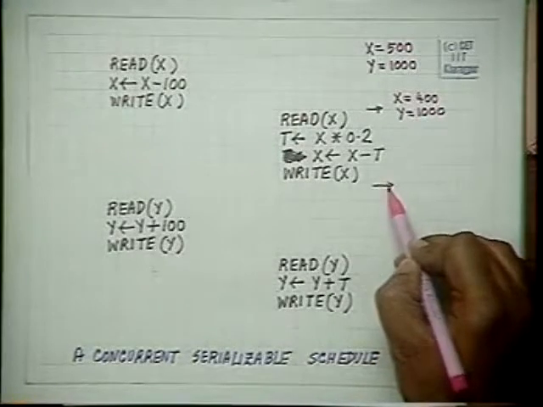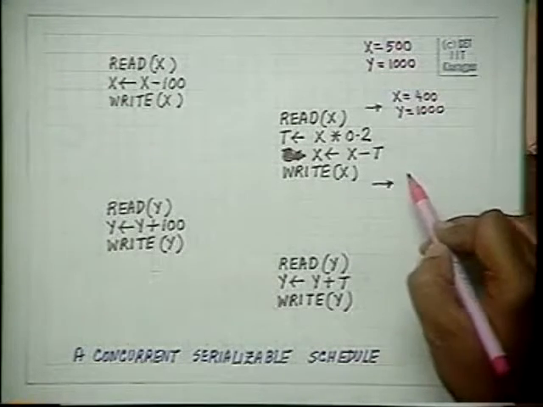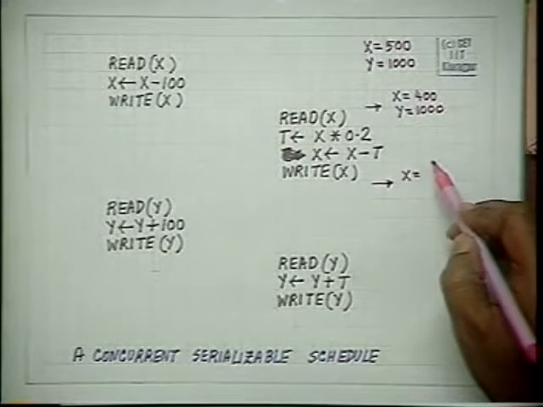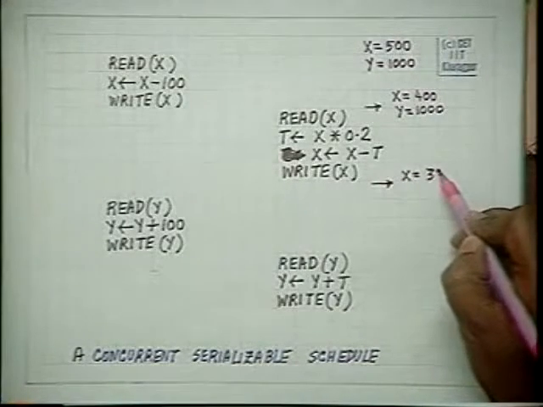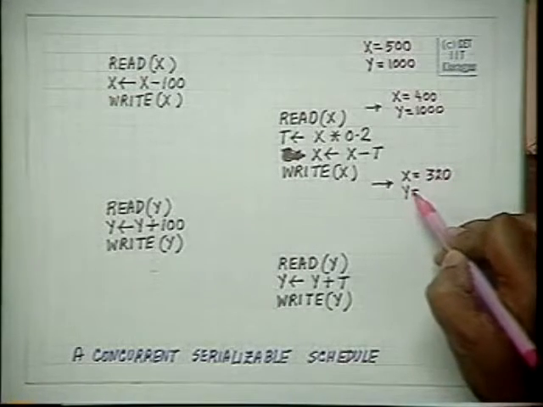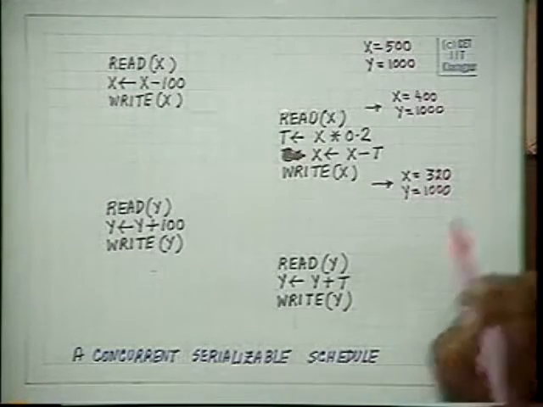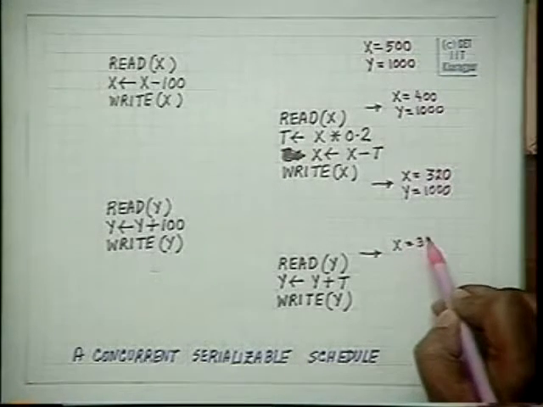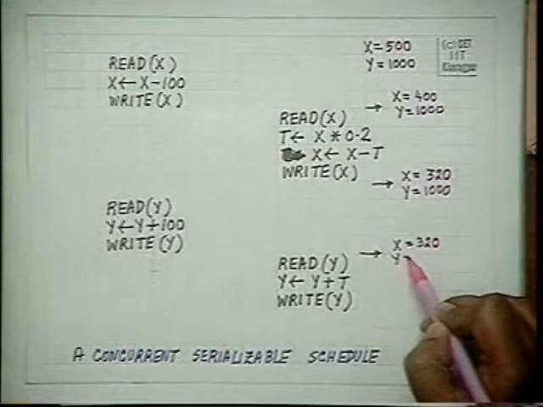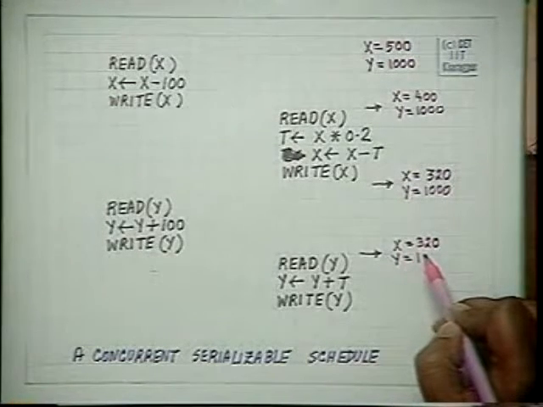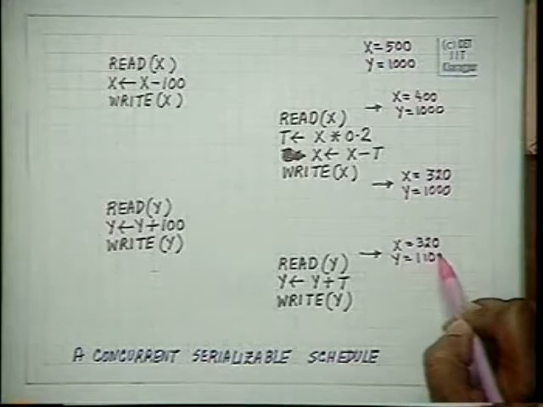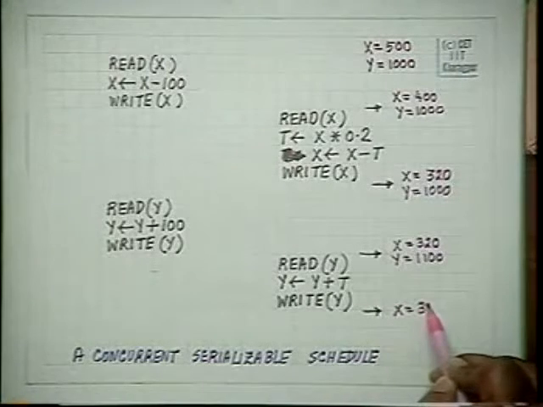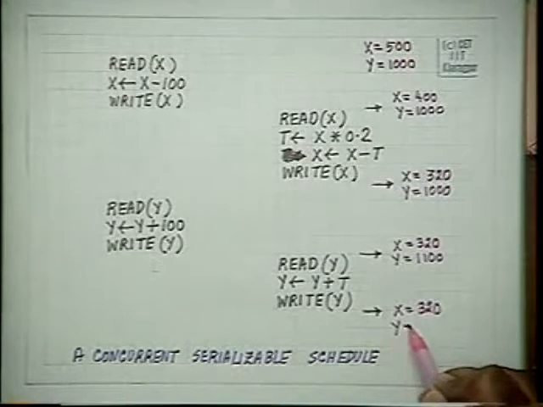At this point of time, x will be 400 minus 80, 320, and y will be 1000. At this point, x will be 320 and y will be 1100. And at this point, x will be 320 and y will be 1100.